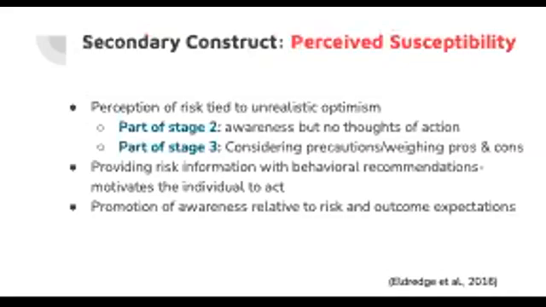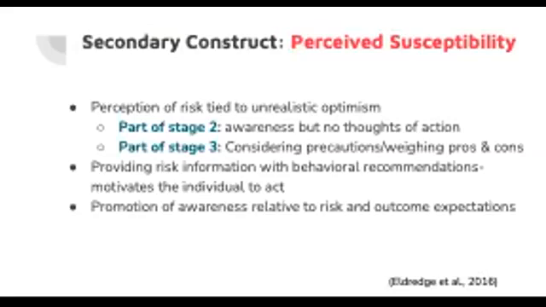The second construct of the PAPM is perceived susceptibility. This has to do with the perception of risk and ties into unrealistic optimism. Perceived susceptibility ties into stage 2, aware but no thoughts to act, and stage 3, weighing pros and cons, considering precautions.